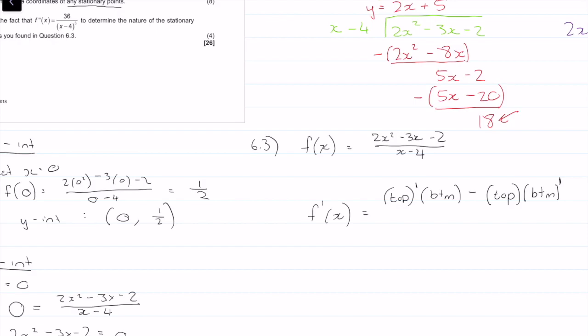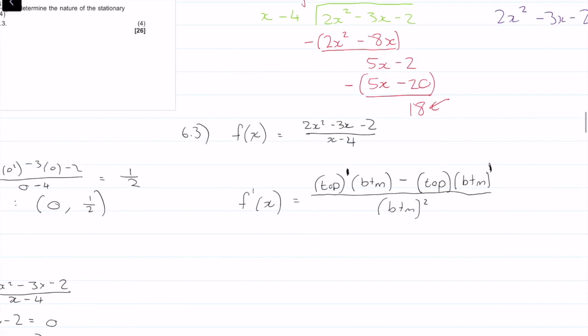This dash right here just means derivative. All over the bottom squared.